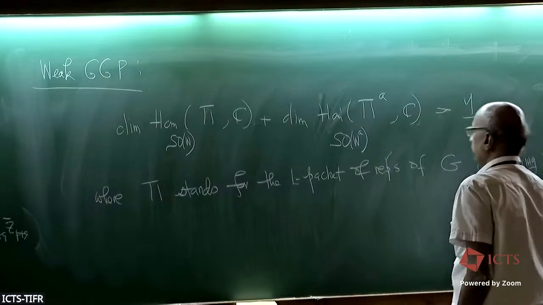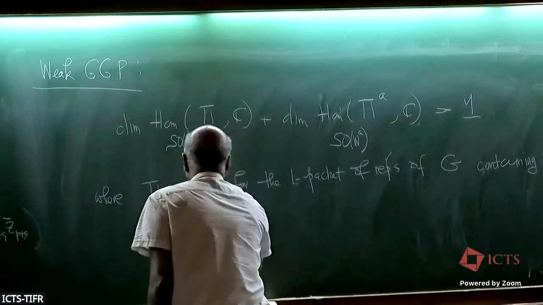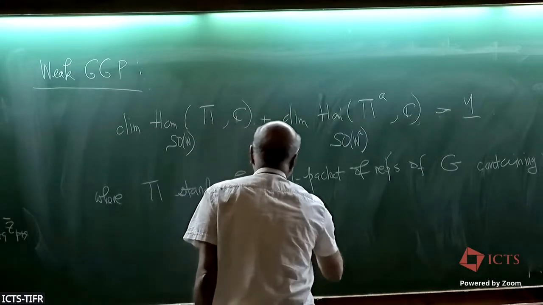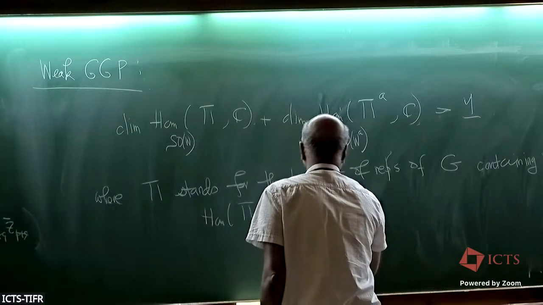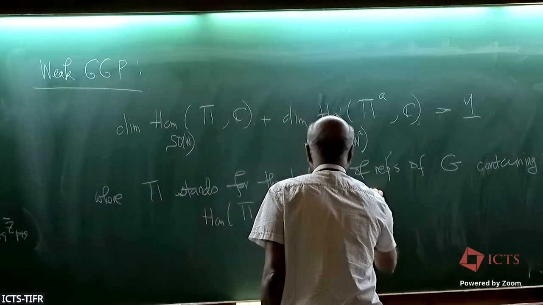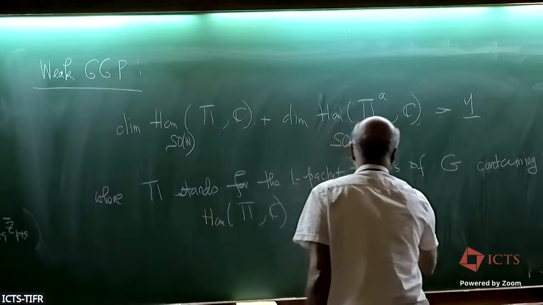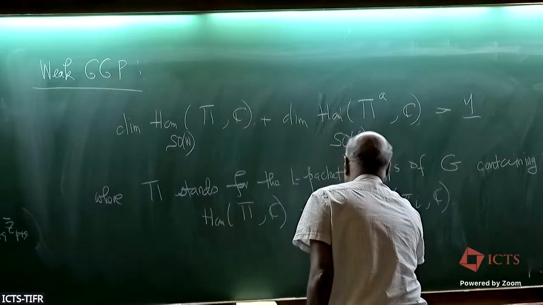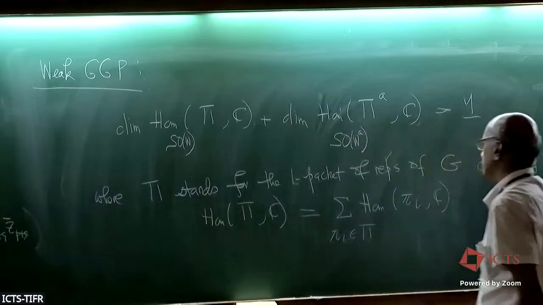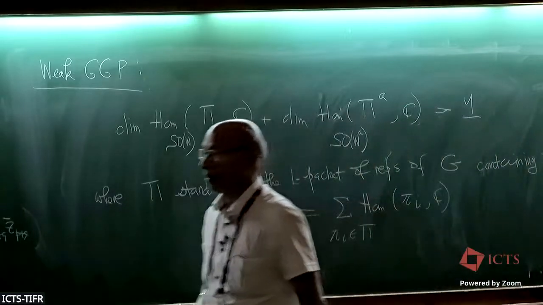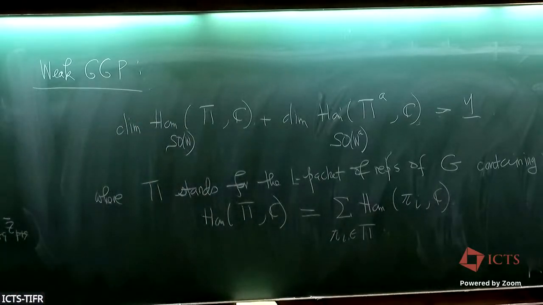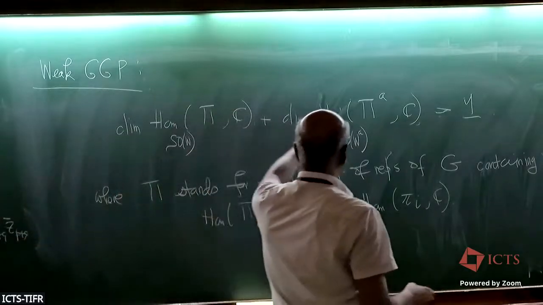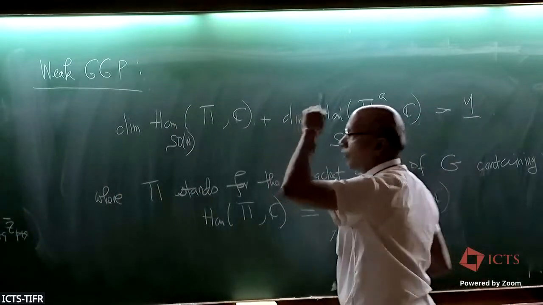And this notation Hom(capital Pi, C), of course, depends on the obvious convention that this is Hom of pi_i, C, where pi_i are members of capital Pi. Pi_A is the corresponding representation in the Vogan packet on the other group.